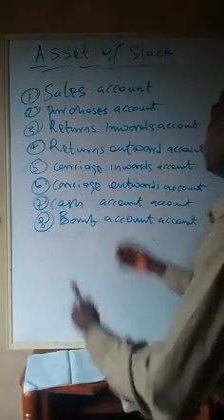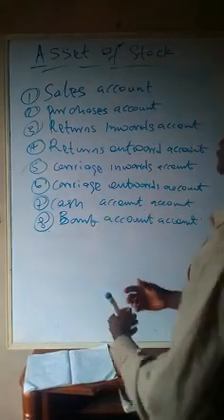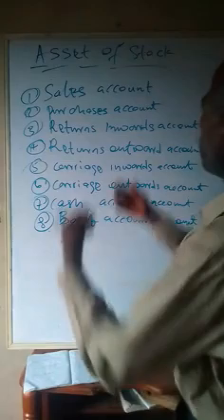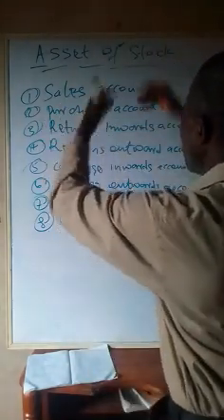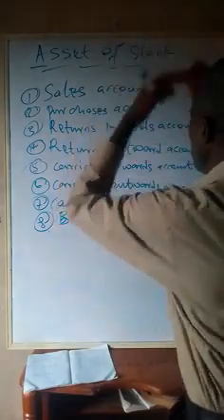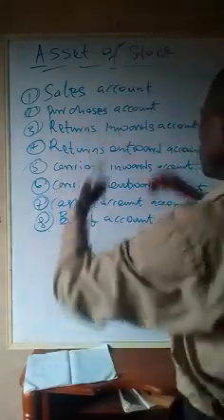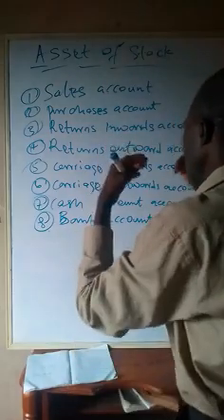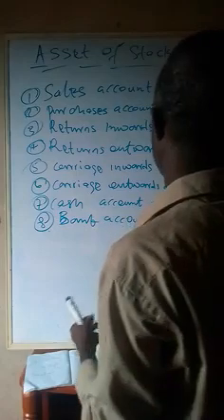And the accounting entries that we need to make are sales accounts, purchase accounts, return inwards accounts, return outwards accounts, carriage inwards accounts, carriage outwards accounts, cash accounts, and bank accounts.